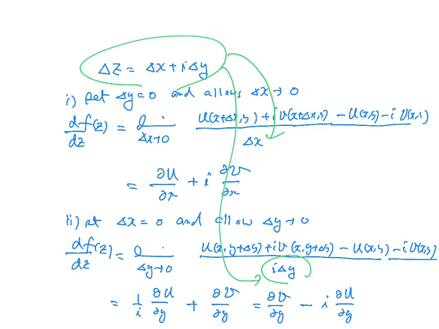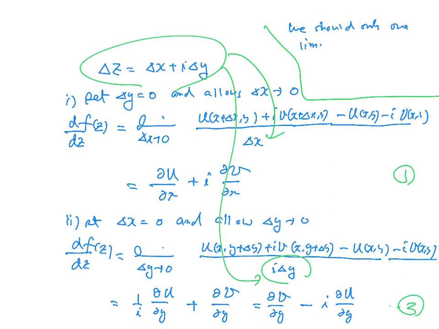So say this is 1 and this is 2. And we should have only one limit, one derivative. It has to be unique. That means 1 is equal to 2.